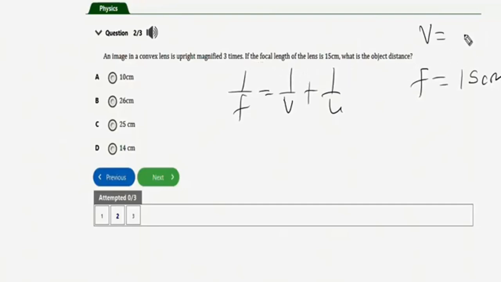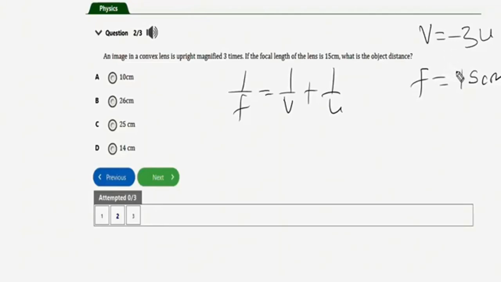So it will be 3u. Now, because this is a convex lens, the image formed is inverted, so this is going to have a negative sign attached because of the inversion.